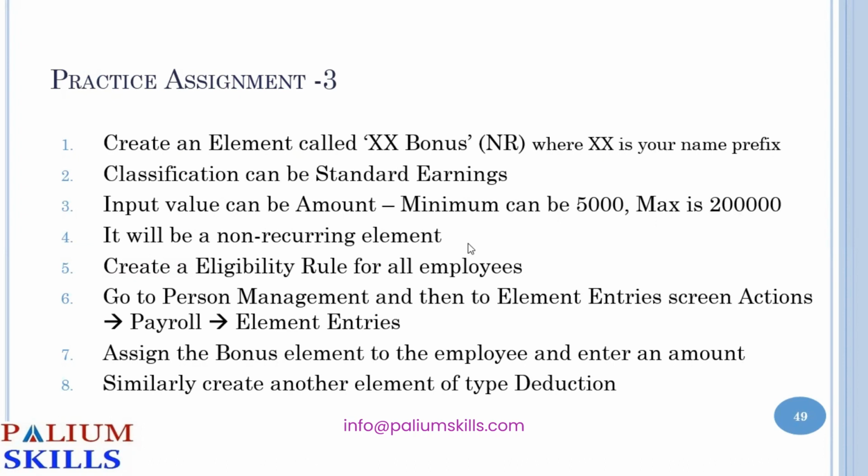Remember that, okay? Eligibility rule is for all employees. And you can go to person management, element entries, and you will see the list there. Assign the bonus element to the employee and enter an amount. These are all earnings. Okay.